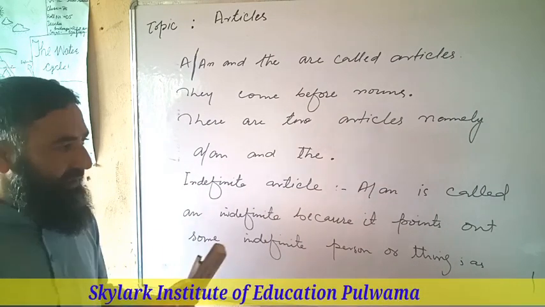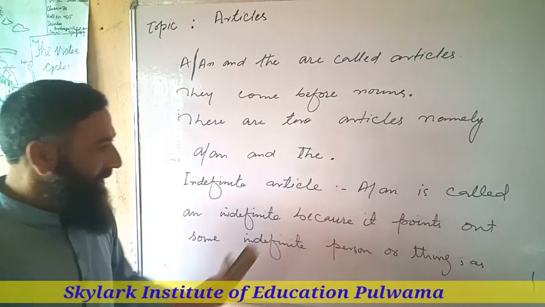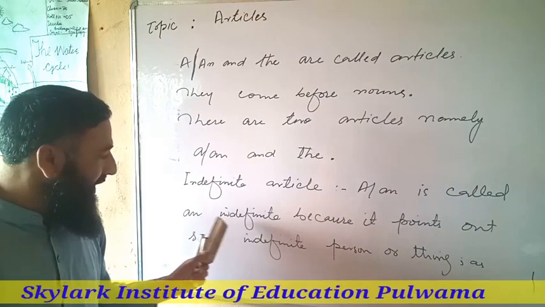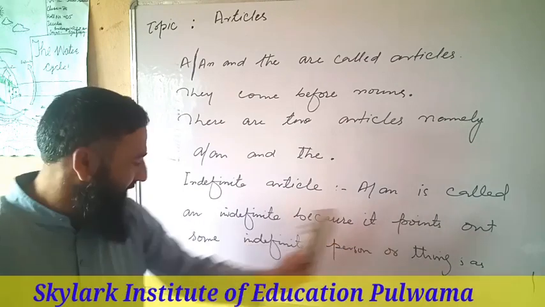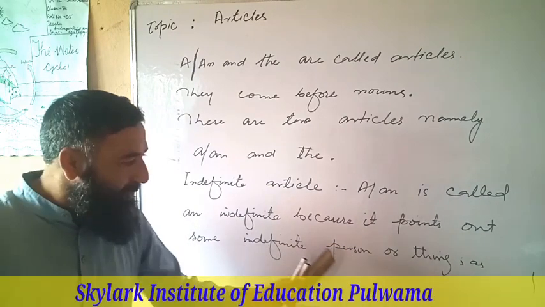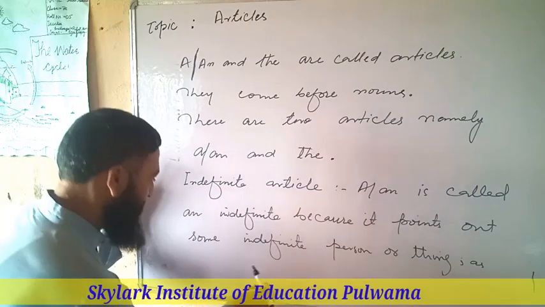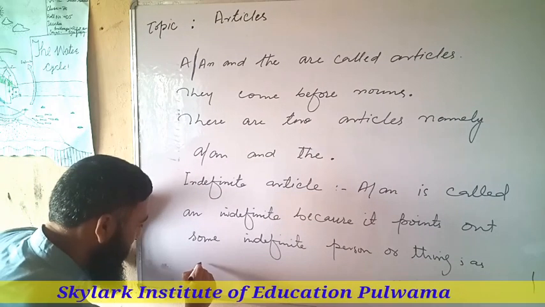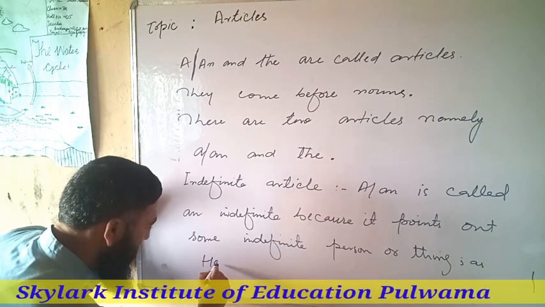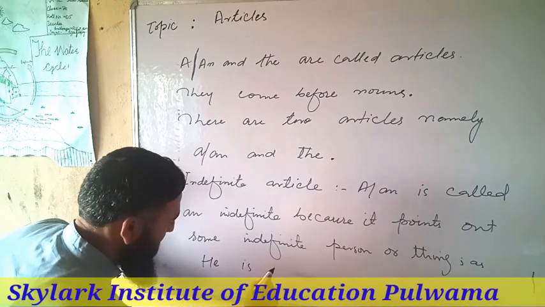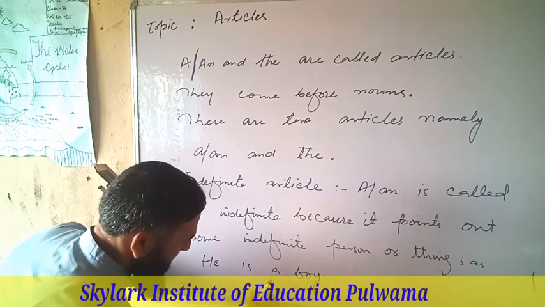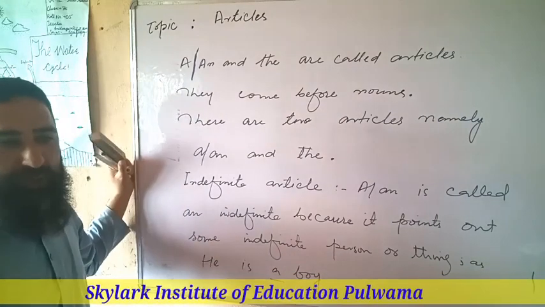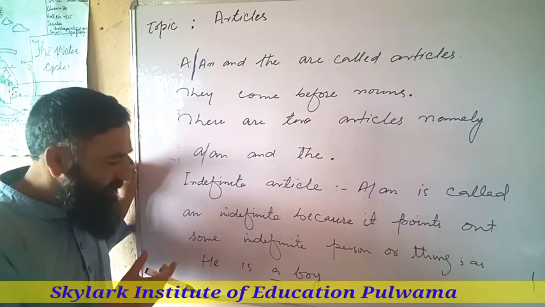What is an indefinite article? A and an are called an indefinite article. Why? Because it points out, means it shows, it refers to some indefinite person or thing. For example, if you say he is a boy, see here, a boy means you talk about any boy.